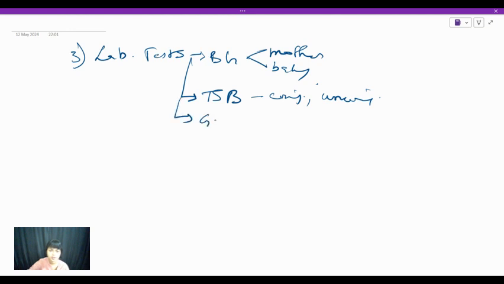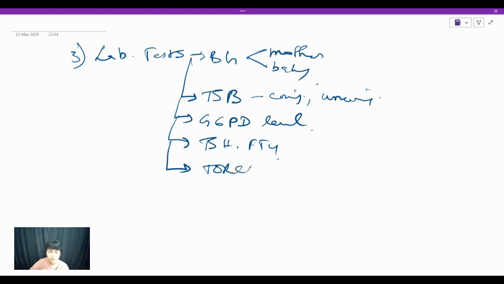Okay, you should go for the G6PD level. Okay, these are the few things which you should definitely do, students. Okay, thyroid profile. If you're suspecting TORCH, you may order that. Okay, and if you are suspecting some inborn error of metabolism, you have to order that particular enzyme level. Okay, so these are the basic things you should definitely do, right?